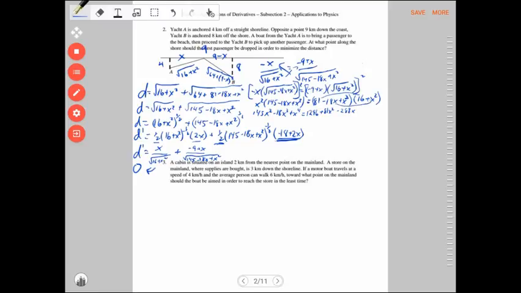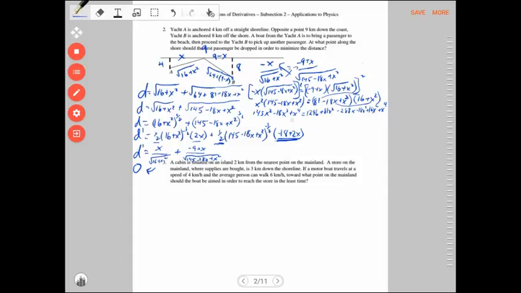Negative 18x times x squared is negative 18x cubed. Then x squared times 16 is 16x squared, and x squared times x squared is x to the fourth. Wow, I squished that all in, but it worked. Hopefully you have more room.